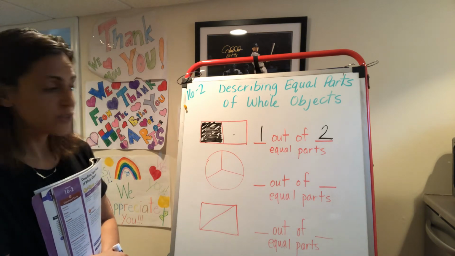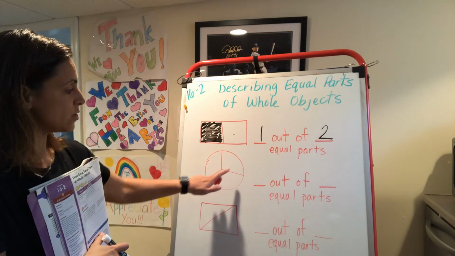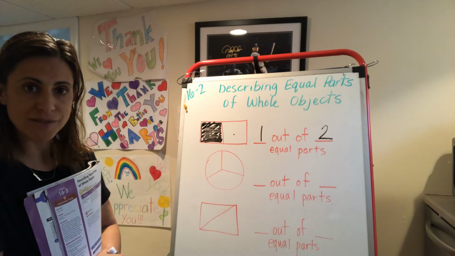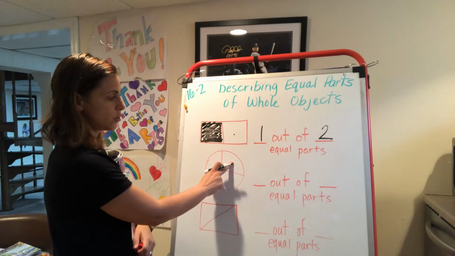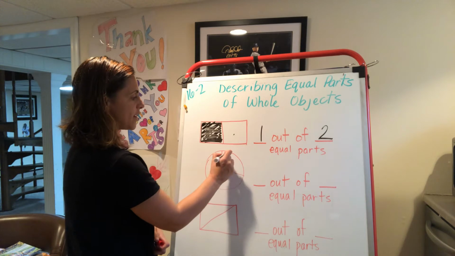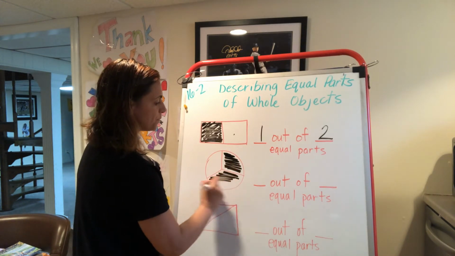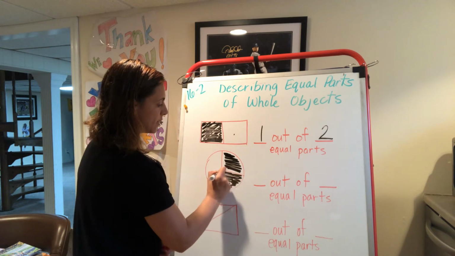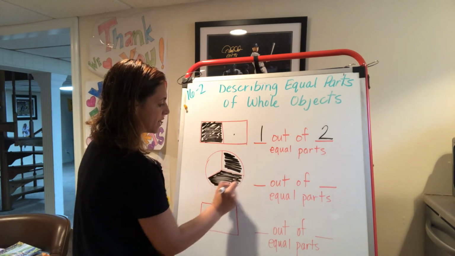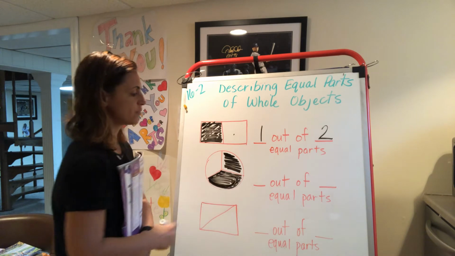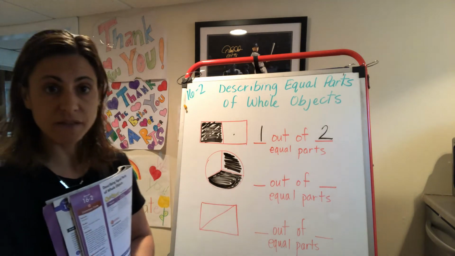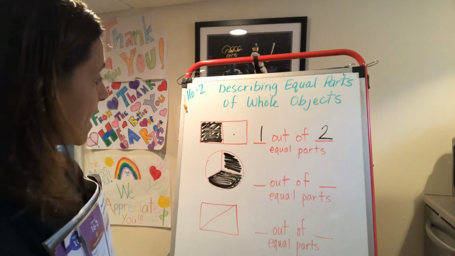My next shape is a circle and it's divided into 3 equal parts. 1, 2, 3. If I shaded the first one and the second one, my question to you is, how many parts of this shape are shaded?